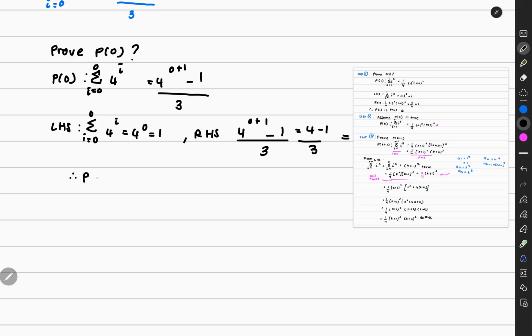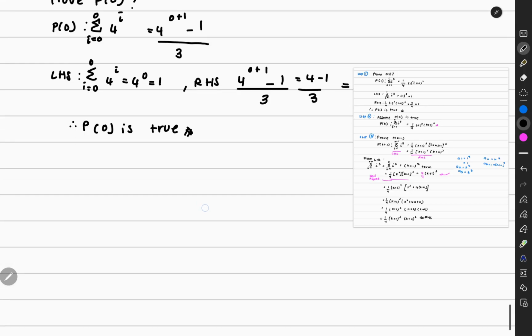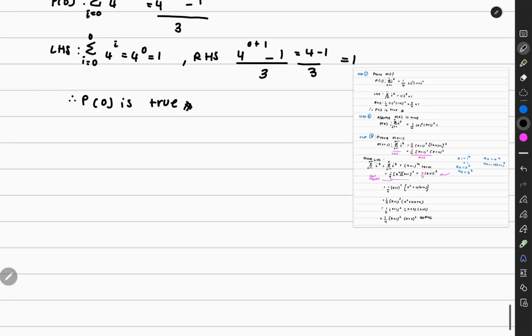Right? Okay, next. We assume. Now we make the assumption that P of K is true. Kita assume dulu, kita tak tahu ni betul ke tak. Kita assume je. Perfect. So what is P of K statement then?